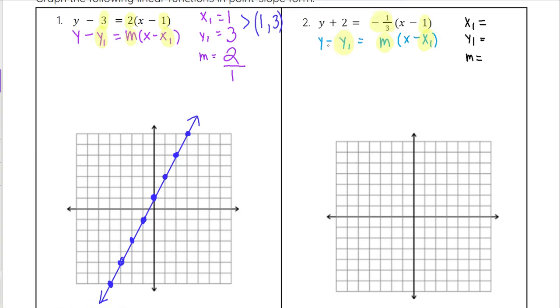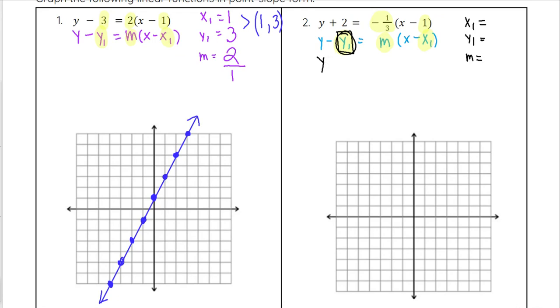So our y1, notice that this is y minus y1. However, in the equation that we are given, it turns into a plus. So we have to think about what did we plug into this spot right here to make this turn into y plus 2. And if you think about it, to turn it into a plus, we would have had to put a negative number in the y1 spot.